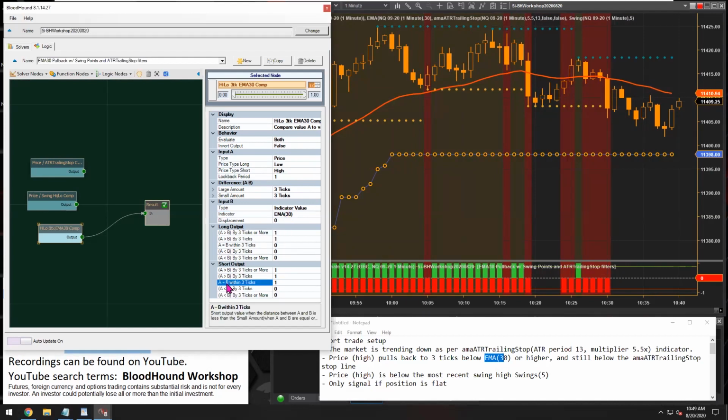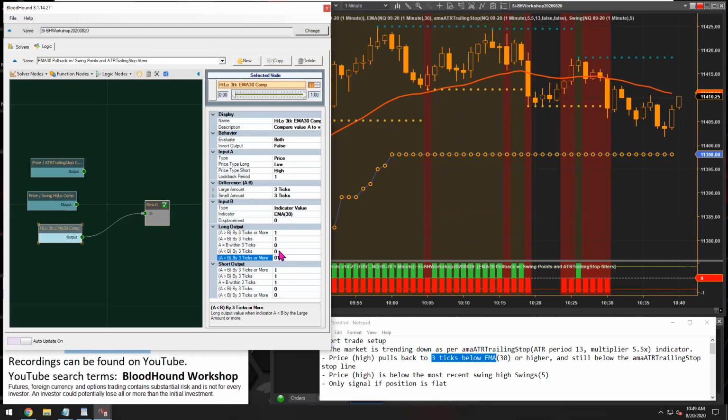So by definition, this includes 3 ticks below the EMA, and 3 ticks above the EMA 30. Okay, now that we have the short outputs set up correctly, we simply need to reverse the outputs for the long outputs.